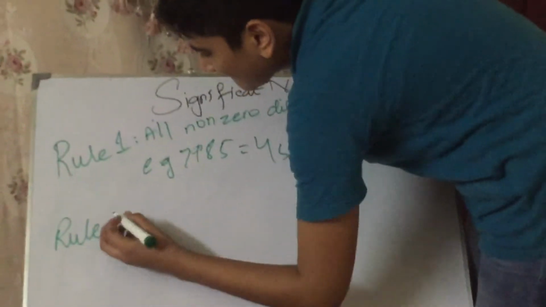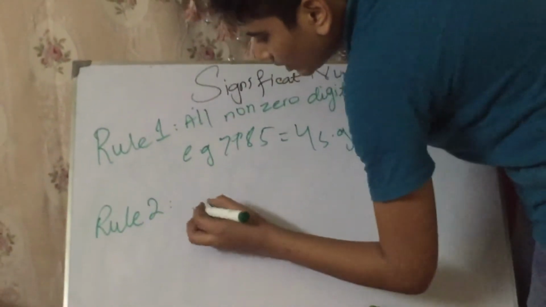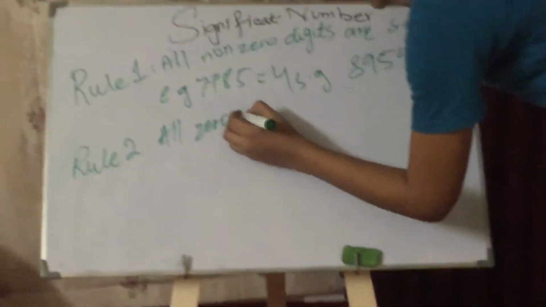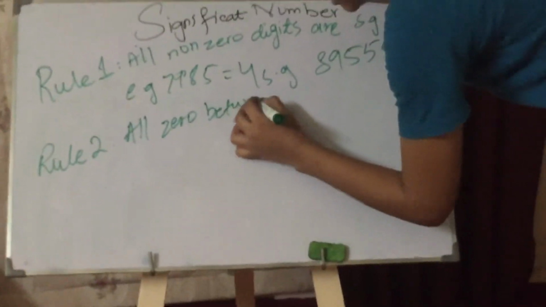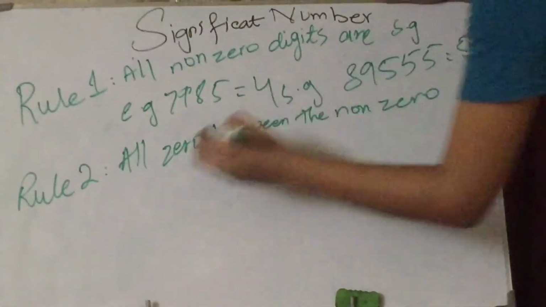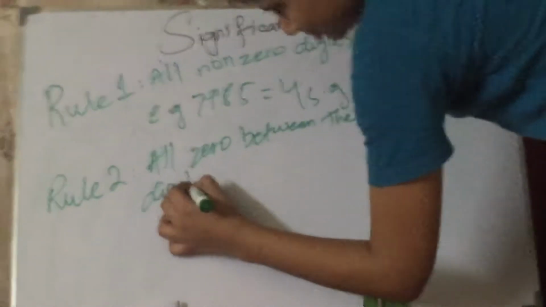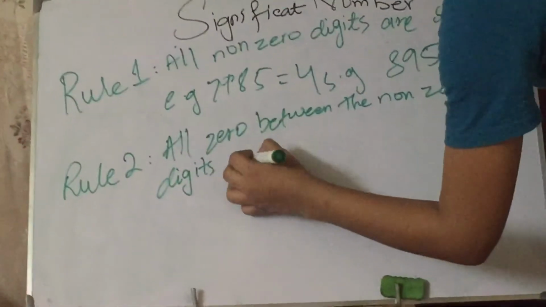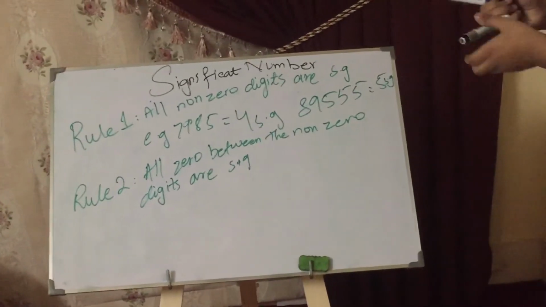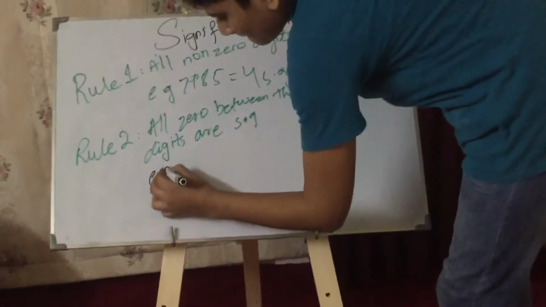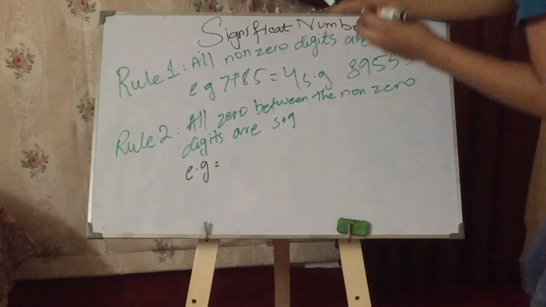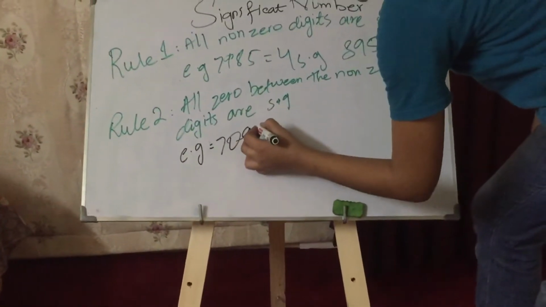Rule number 2. All zeros between the non-zero digits are significant. For example, take 7098.